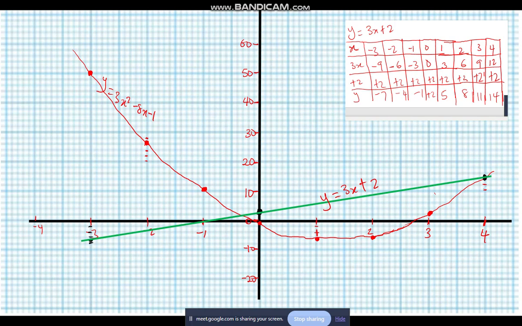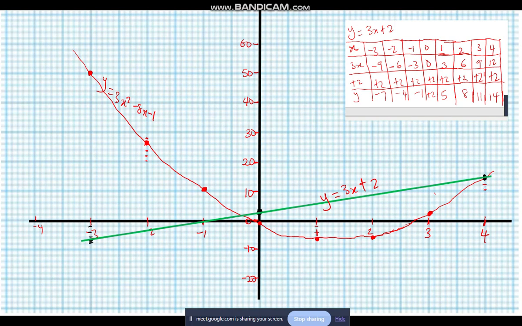I don't know if you wrote them down back then. So question one says, use this graph to solve for. The major thing we did with our curve was that we got the value of x. So what are the values of x?